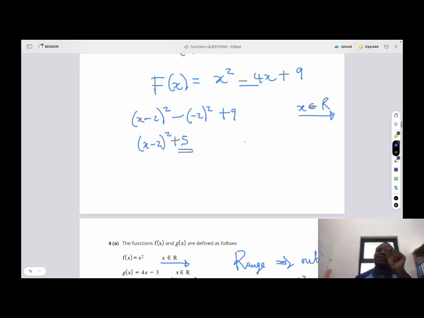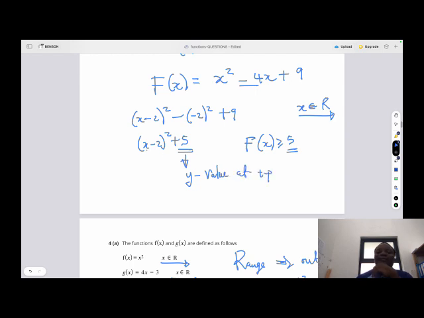It simply means if you were to sketch this graph, f of x was actually going to be greater or equal to 5 in that case. Then if they asked for the turning point, this same 5 here is your y value at the turning point, y value at TP.